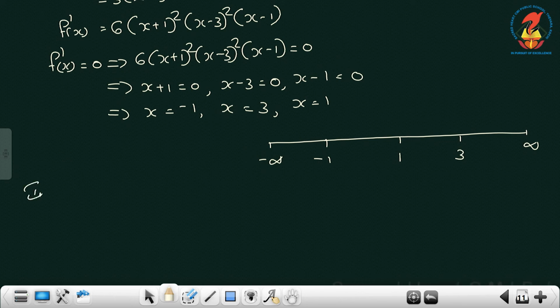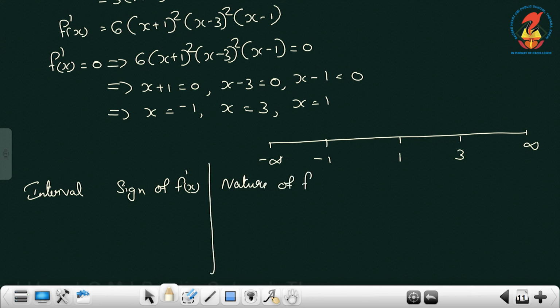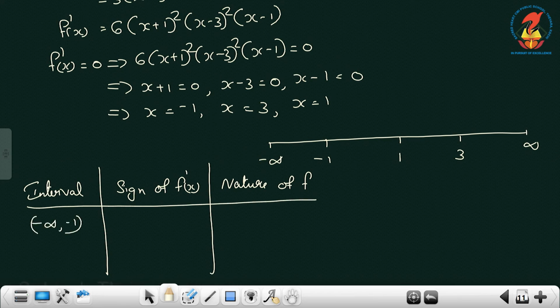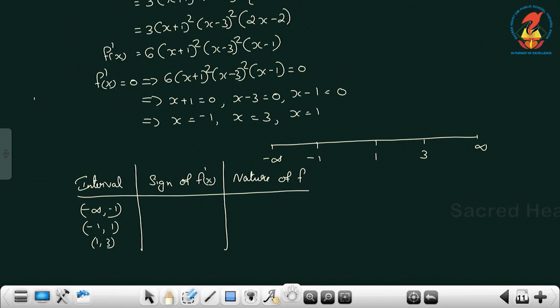Then draw the table: interval, sign of f dash x, then next column, nature of f. First interval is minus infinity to minus 1, then minus 1 to 1, then 1 to 3, then 3 to infinity.